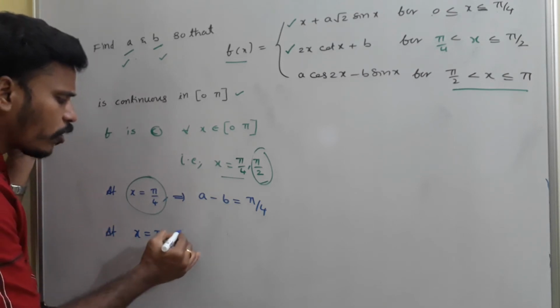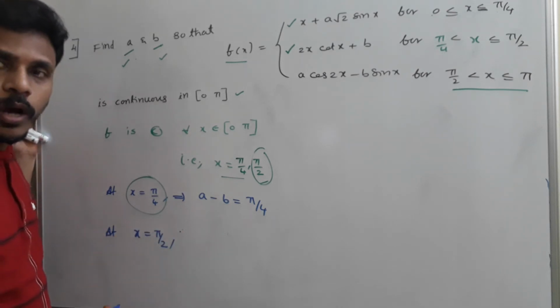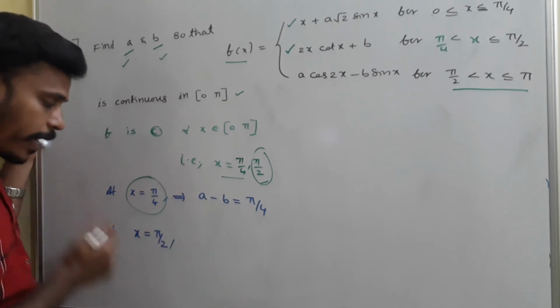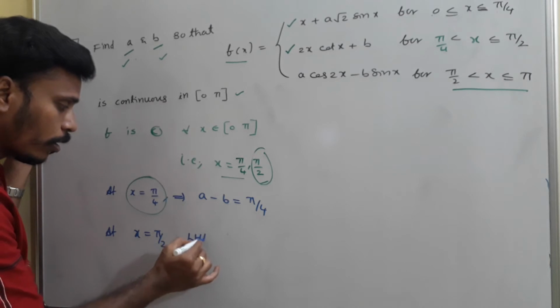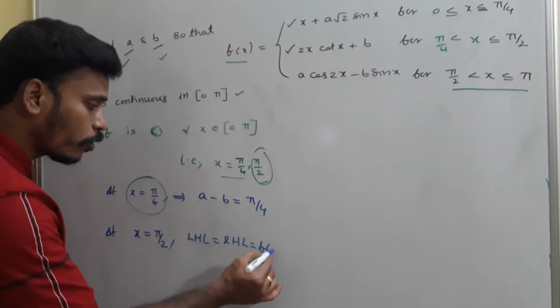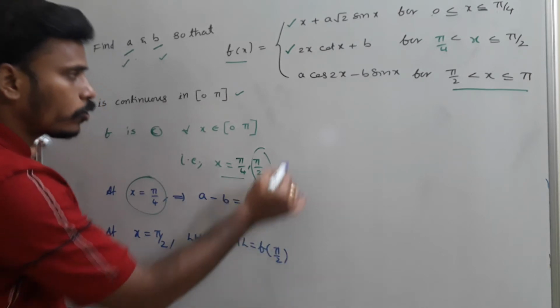Since f is continuous at x equal to pi by 2, how to check it? At this point pi by 2, the left hand limit is equal to the right hand limit is equal to f of pi by 2.